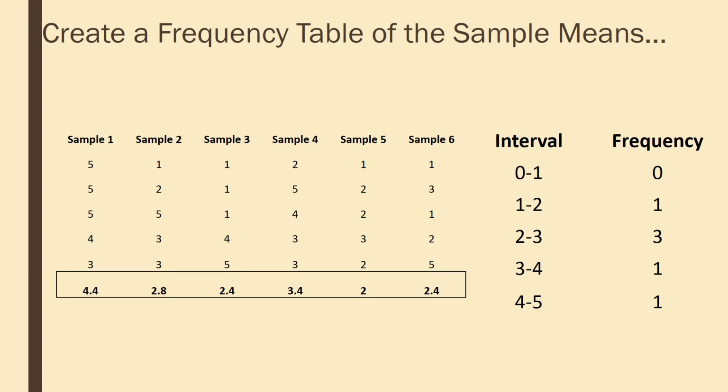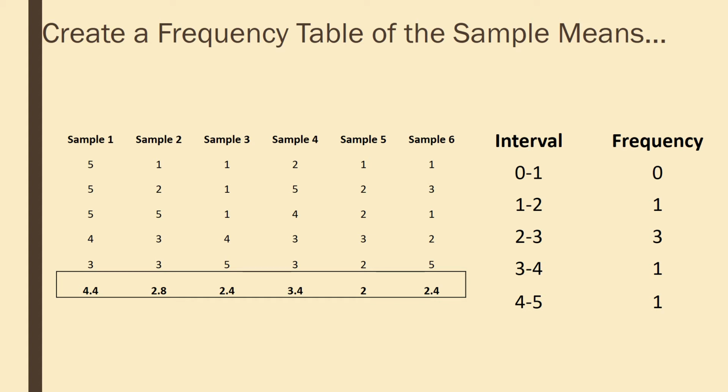Now I'm going to make a frequency table of our sample means. We had no sample mean between 0 and 1, so we put a 0 there. We had one sample mean between 1 and 2, so we're going to put 1 in that bin there.